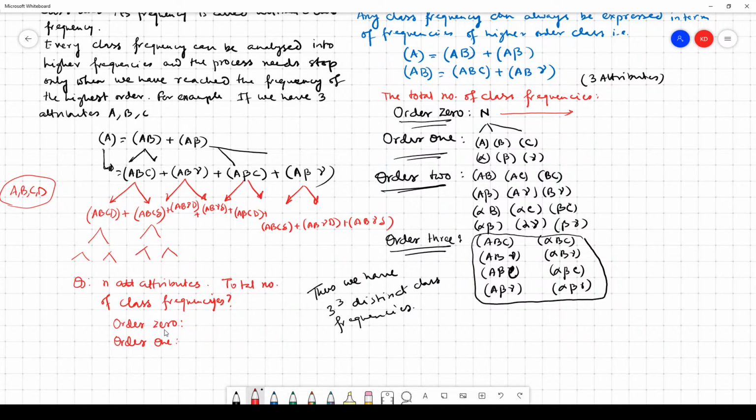You say n to the power n? Why? According to you, is it fine? If n is 3, then it is 3 cube. But if n is 4, that means this is 4 to the power 4. Please tell me how you get this.